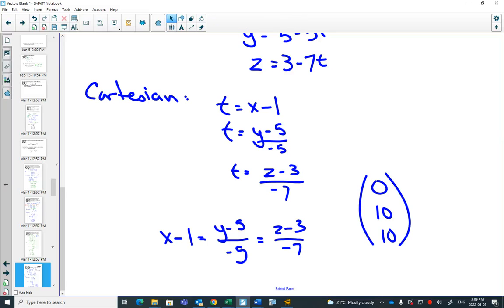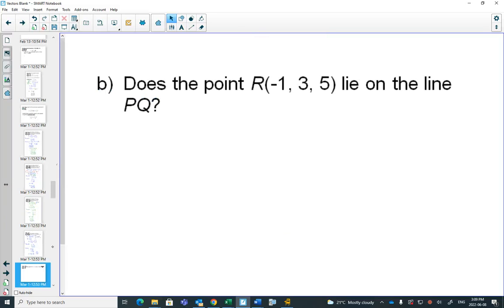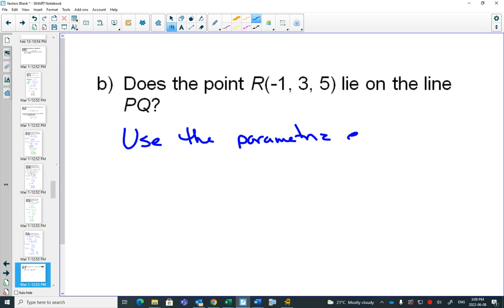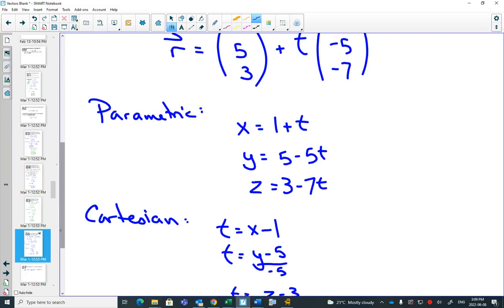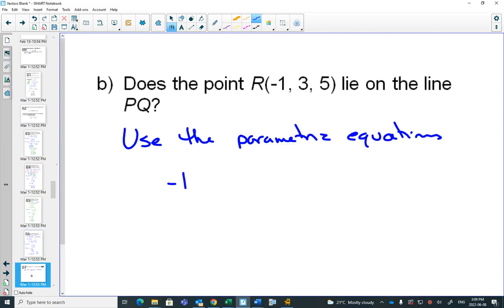Okay, so then the next question says, does the point negative 1, 3, 5 lie on the line? And the easiest way to figure this out is to use the parametric equations. So for example, if your x value is minus 1, your parametric equation said that x is equal to 1 plus t.